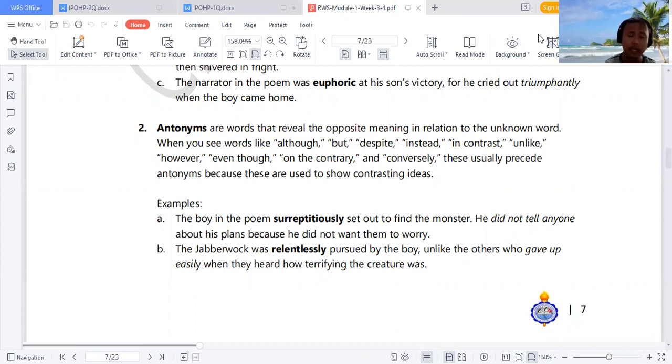Consistently, persistently. Okay? So that's it. Again, what's the antonym of who gave up? Relentlessly. Did not tell anyone, okay? Surreptitiously. All right.